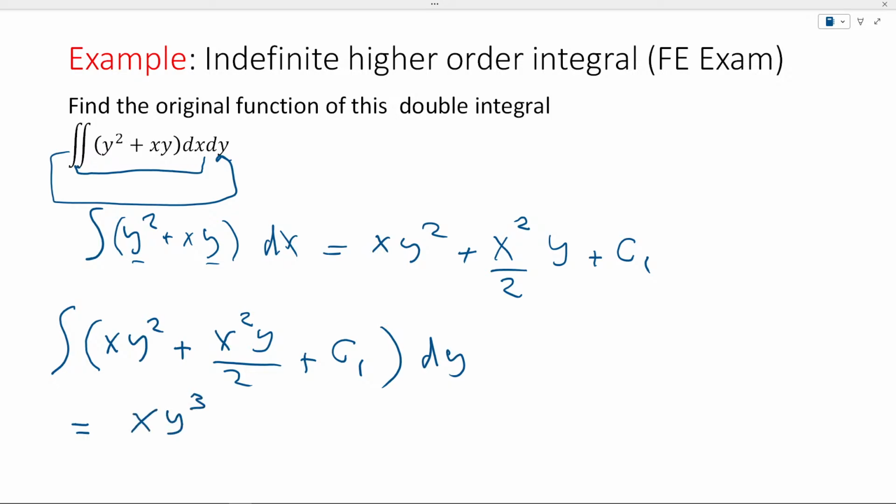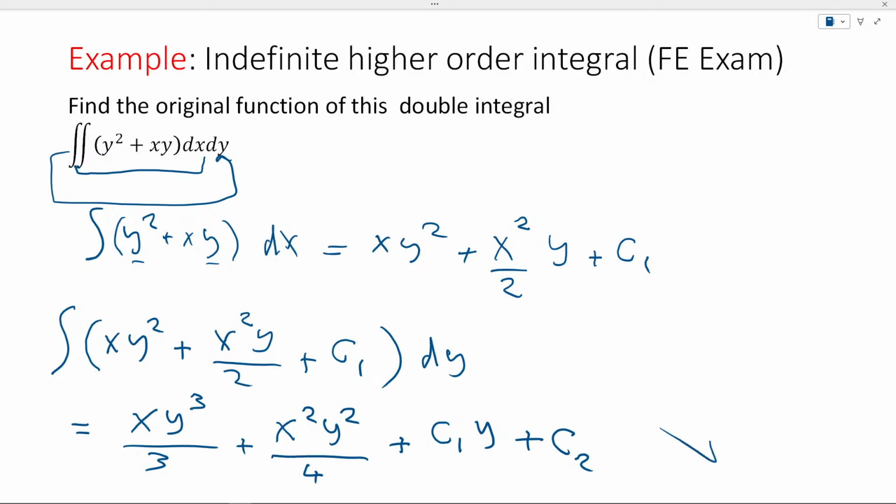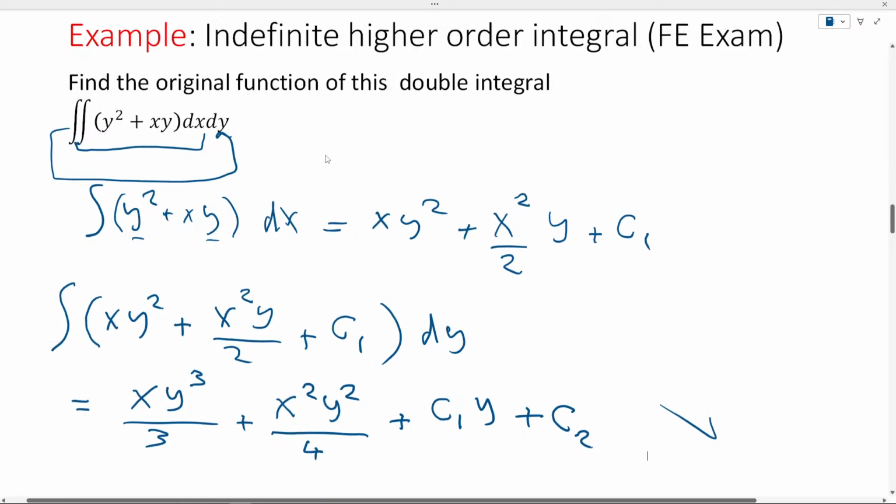So I get y to the power of 3 divided by 3, plus x squared y to the power of 2 divided by 2 times 2, that's 4, plus c1 y, plus constant number 2. That is a very easy problem to solve, and it should be easy points in this exam, in homework, and on the FE exam also.